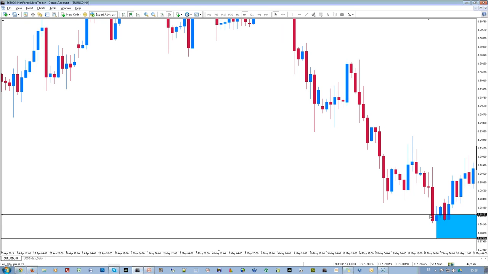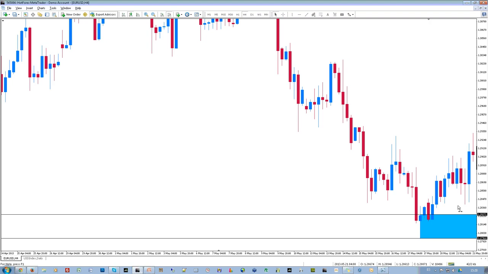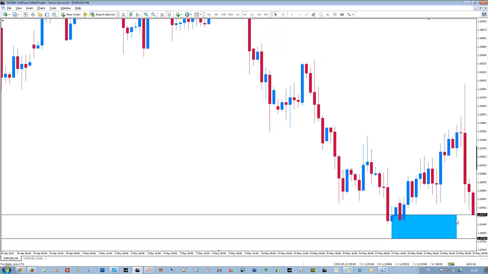So if we want to know if a level is fresh, for a demand level, we have to look up and right. We look up and right and we see that the level has been created, but it has not been retested. So this level is fresh, this is fresh, this is fresh, and now it is not fresh anymore.